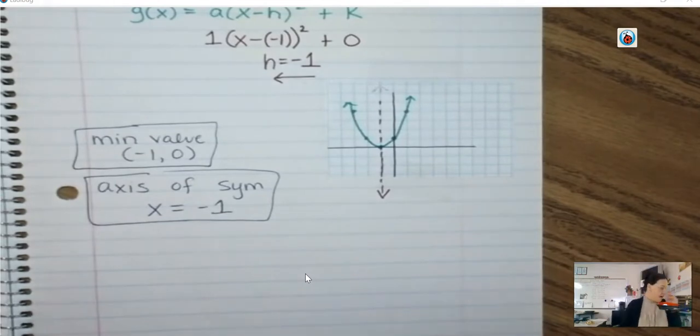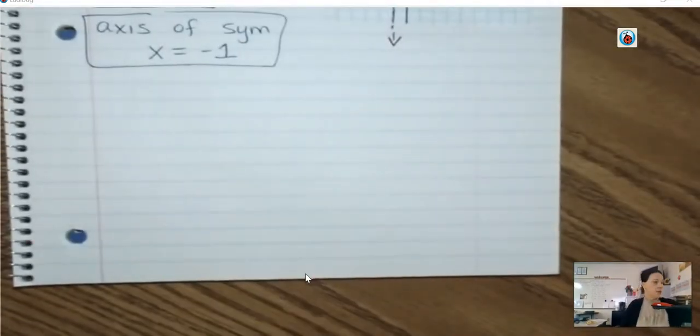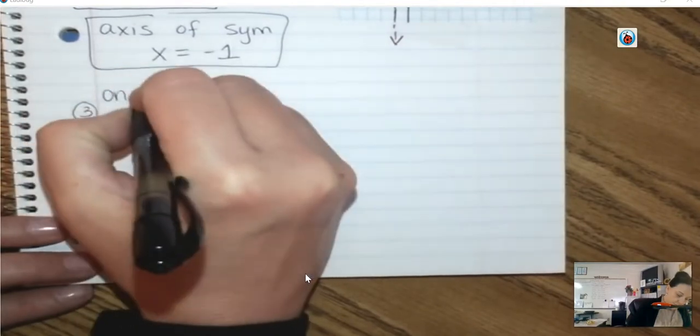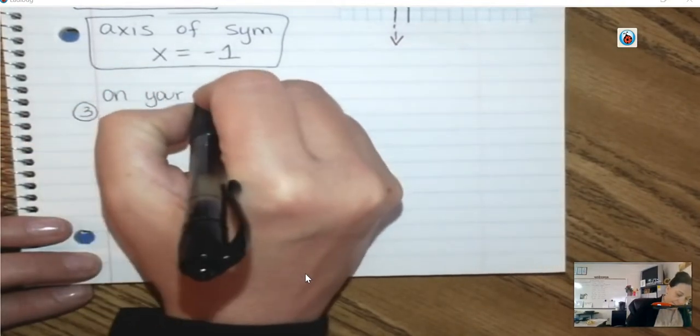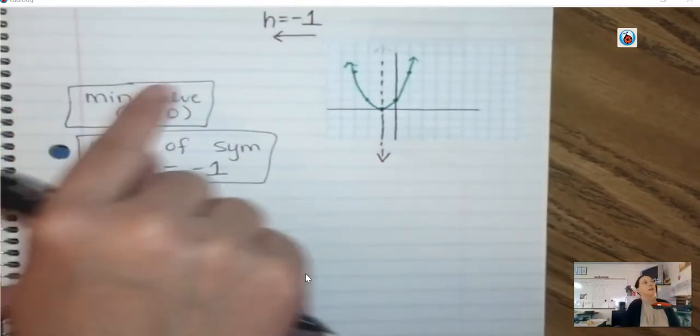Okay, now we are on the 2 questions that you can do by yourself, or you can work on it with another person. So here is question number 3. You can either work on your own or you can go work with somebody. You're going to graph, and say the minimum or maximum and the axis of symmetry.